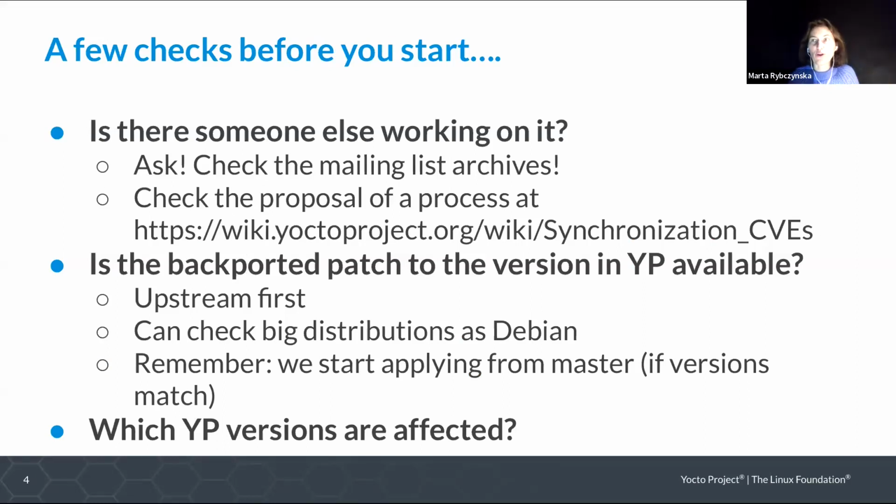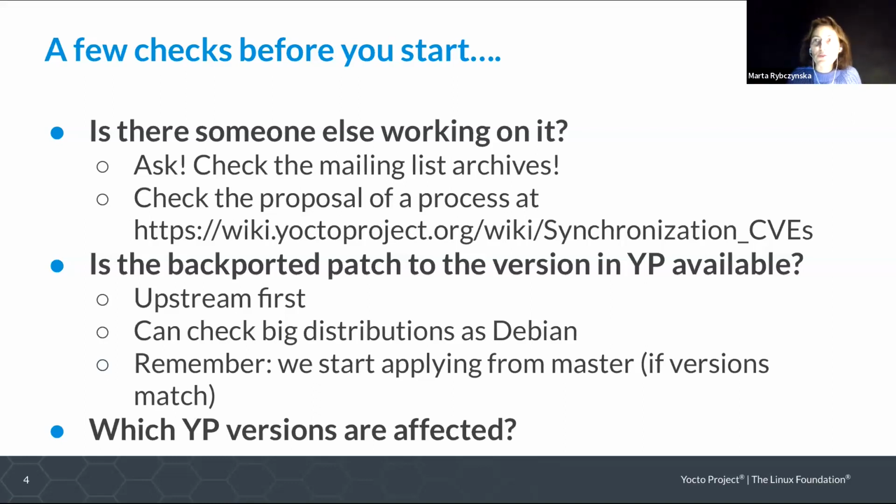If you do not know, just ask. Check the mailing list archive. And also, we are currently working on a proposition of a process to do that synchronization, and we have a wiki link with the proposal and the discussion if you are interested in more serious work on CVEs. Have a look and comment.